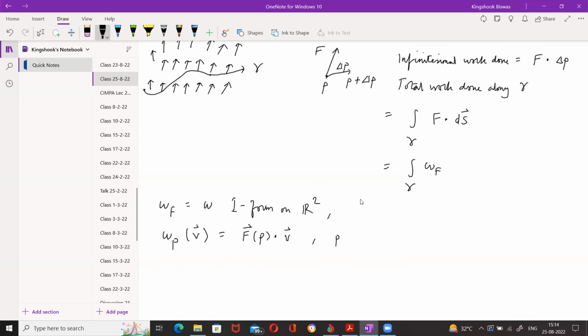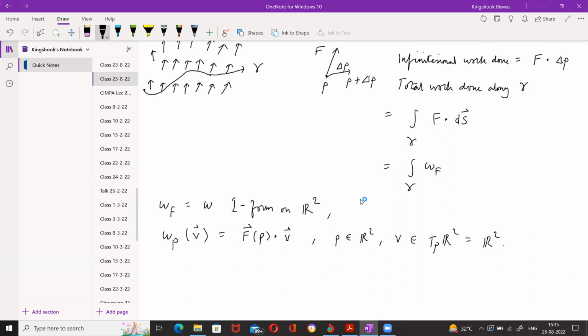Yes. Okay. So this work done is nothing but the integral of this one form omega over this curve. Does this make sense?